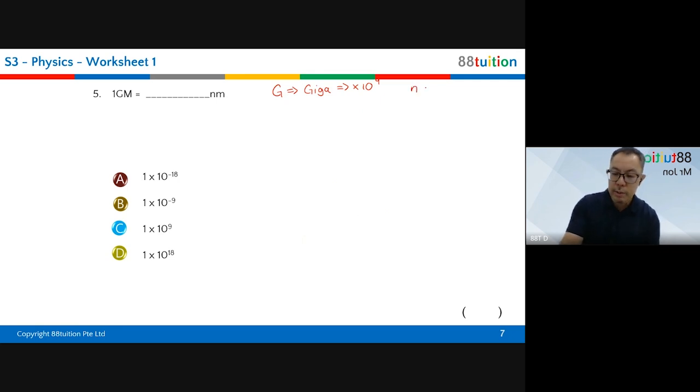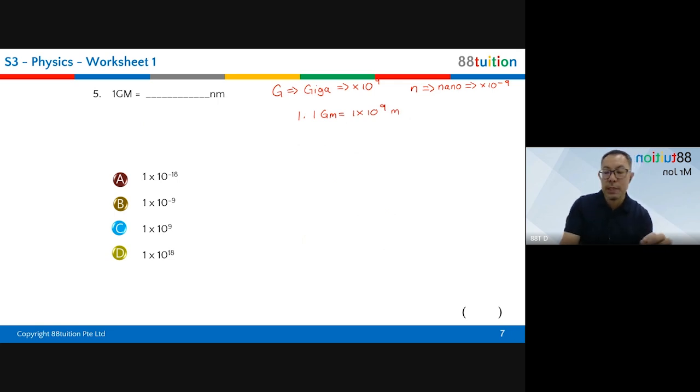N, small n, stands for nano. So same thing, 1 gigameter is 1 times 10 power 9 meter.